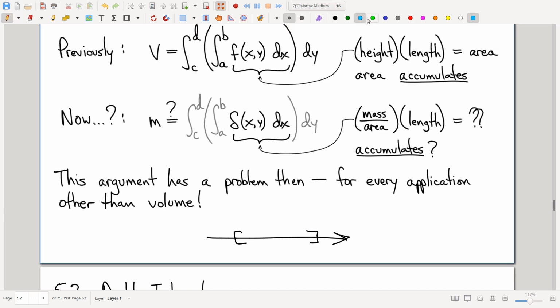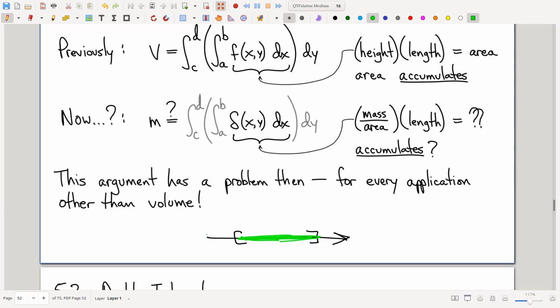But if the question is, I have a bunch of mass distributed across this 1-dimensional rod, then there is no area in the problem. It's just a 1-dimensional rod, and mass per unit length makes sense on the rod itself, and it's an intrinsically 1-dimensional problem.